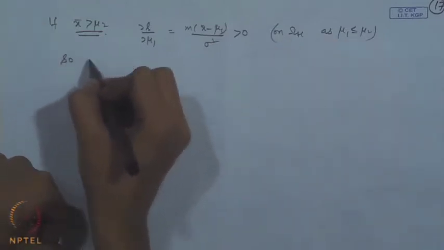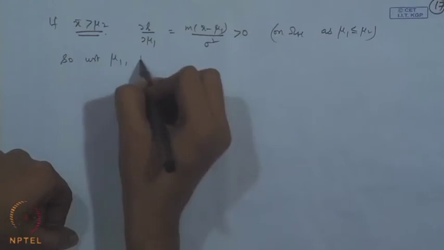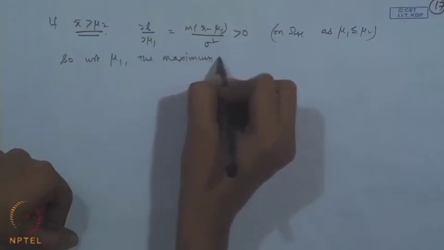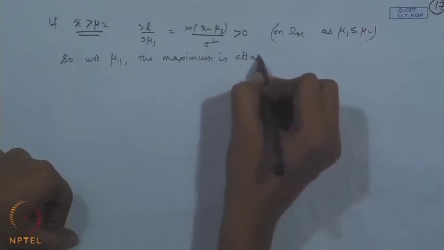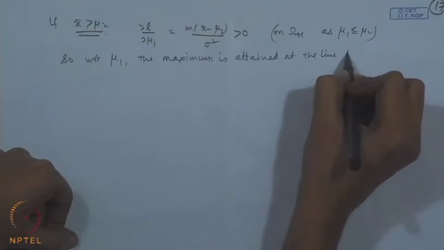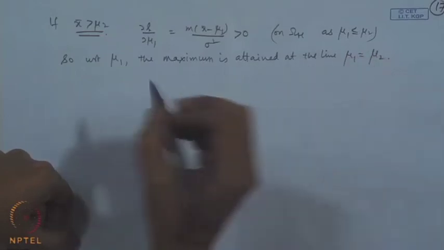So, with respect to mu 1, the maximum is attained at the line mu 1 equal to mu 2.